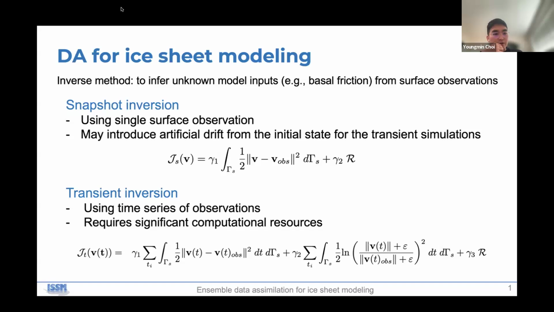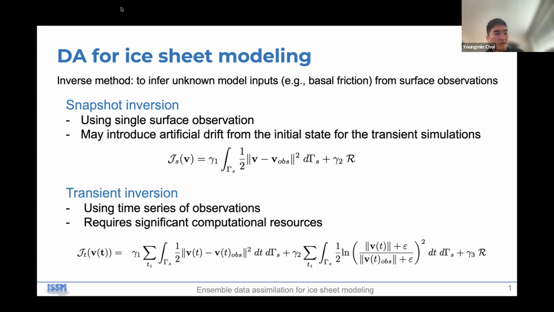But this method requires significant computational resources. For example, we need huge memory to store information for calculating the gradients of the cost function. So this might be a problem if we want to assimilate very long time series of large data sets.